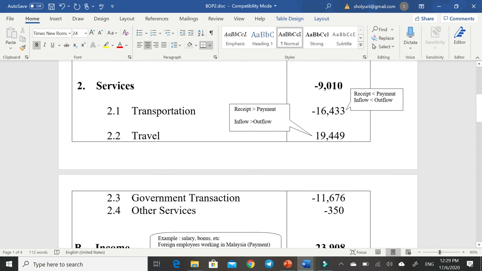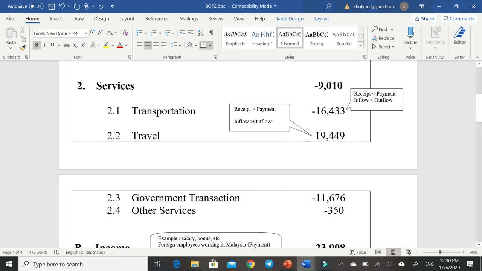We use a lot of foreigners' transportation, so our money will flow out. While for travel, inflow is bigger than outflow, meaning that many foreigners travel to our country, so income will come into our country, that's why the value is recorded as positive. And in terms of government transaction, our country uses a lot of transactions with the foreigner governments. Okay, so it will be recorded as negative. And in terms of other services, also negative, because we are using the foreigner services.